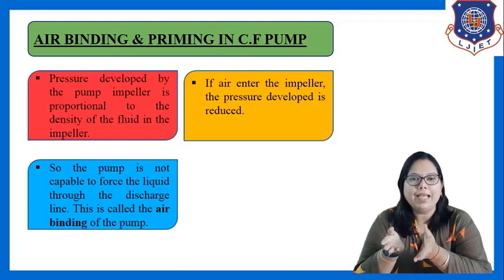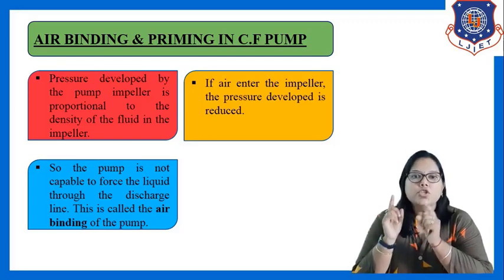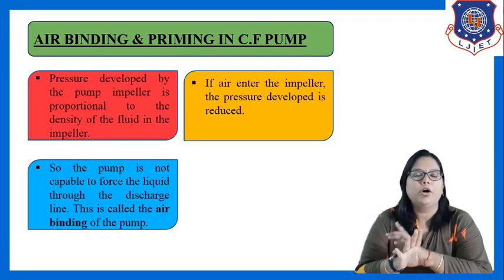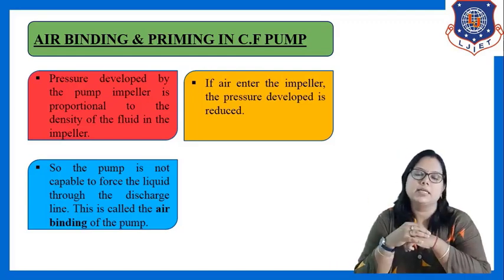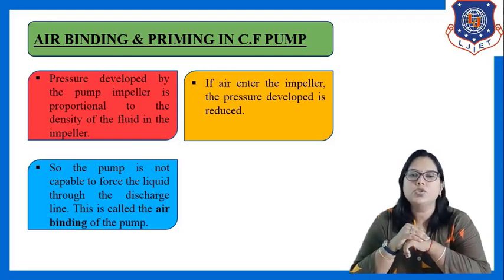Now if air enters the pump impeller, there is reduction of pressure in the impeller. So what happened? The pump is not capable of transferring liquid from the suction line to the discharge line. And that condition is known as air binding of the pump.